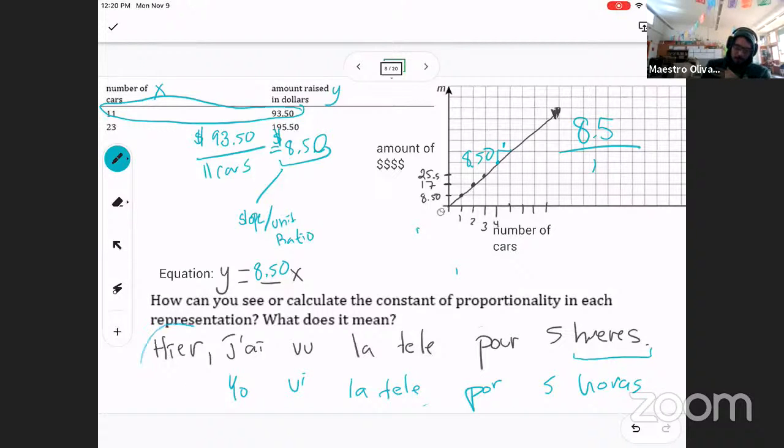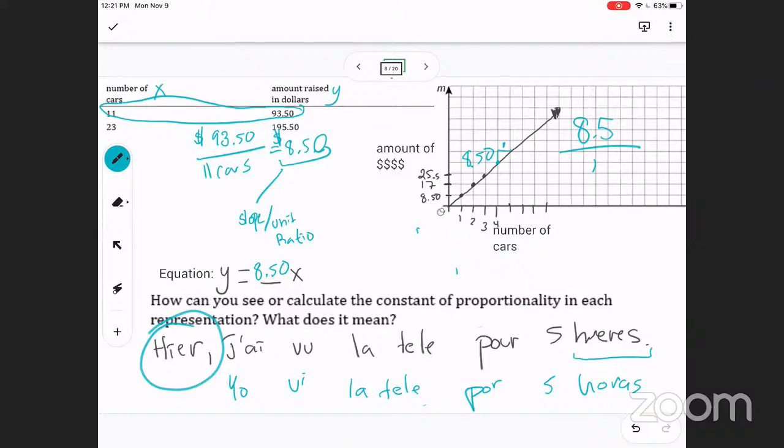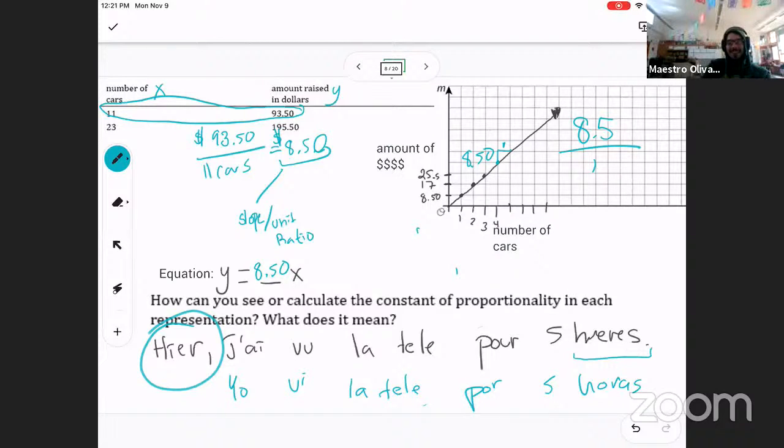But what about this word? How do you say yesterday in Spanish? Ayer. Ayer. This word is pronounced yer. Yer, ayer. So I was kind of hoping that you would know yer, ayer.